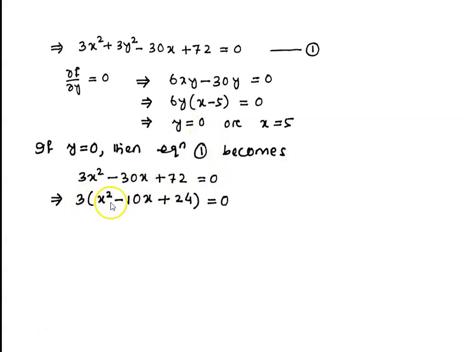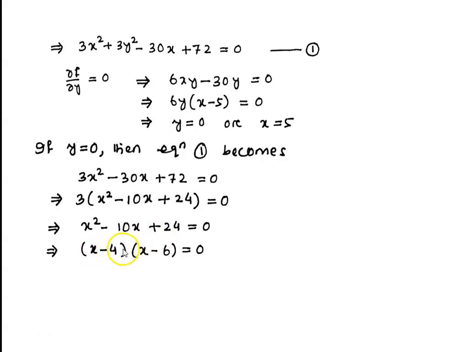Now taking 3 common, we have 3 into (x square minus 10x plus 24) is equal to 0, which can be written as x square minus 10x plus 24 is equal to 0, which is nothing but (x minus 4) into (x minus 6) is equal to 0. So here we have either x is equal to 4 or x is equal to 6.